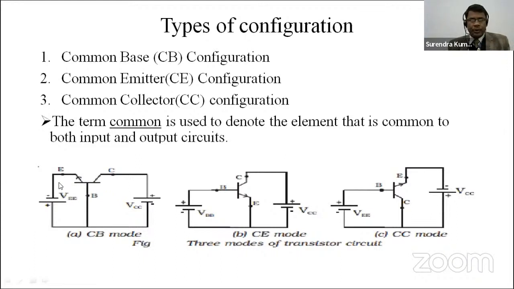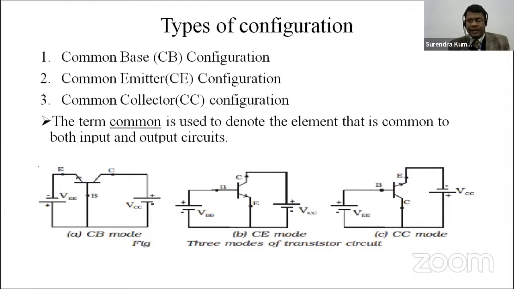Some more important points we can also discuss. You can see that in the first configuration, emitter is input, collector is output, and in the second one, base is input, and in the third one base is also input. So we can see the base will always be the input.